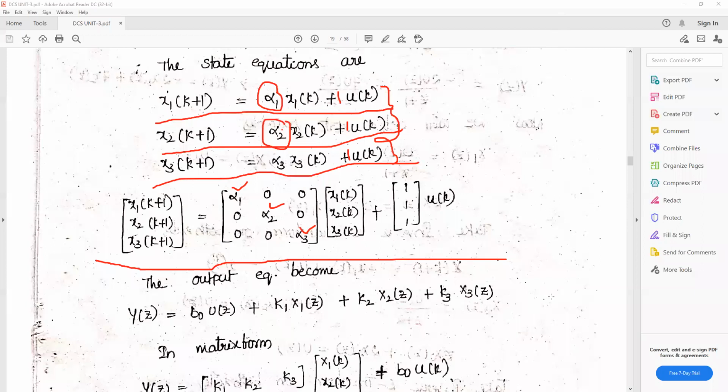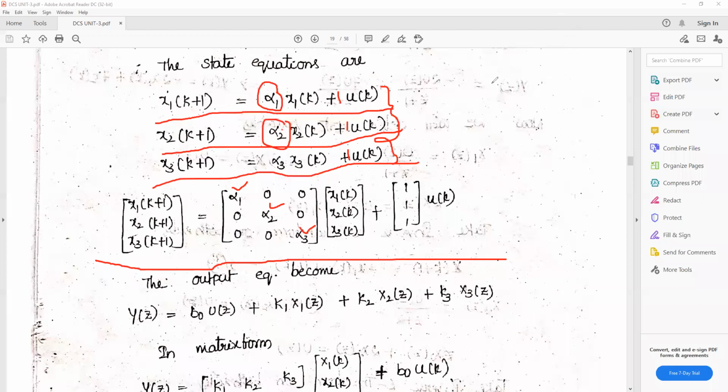Problem: obtain the state space representation for the given transfer function y of z by u of z is equal to 5z plus 3 by z plus 1 into z plus 2.